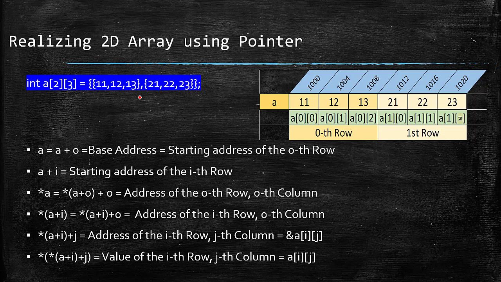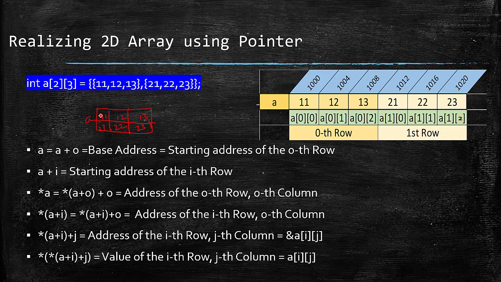Though we consider it a two-dimensional array and generally picture it as two rows and three columns, having 11, 12 and 13 in the first row and 21, 22 and 23 in the second row, in memory it is not put like that.